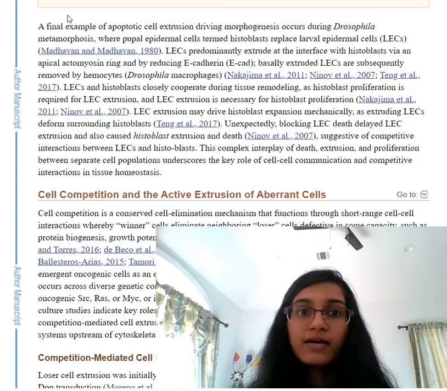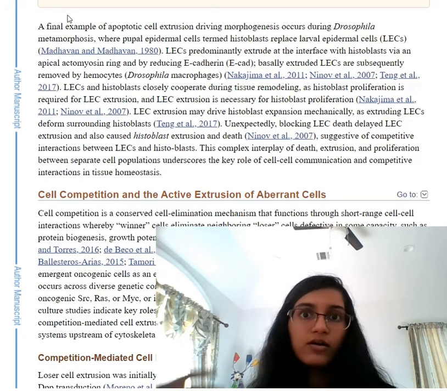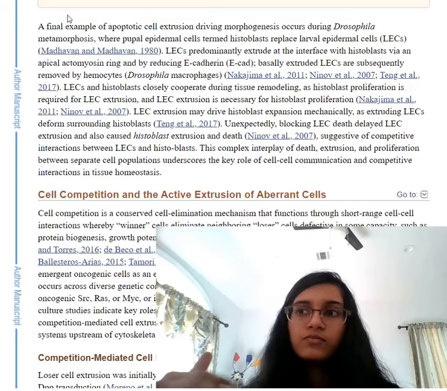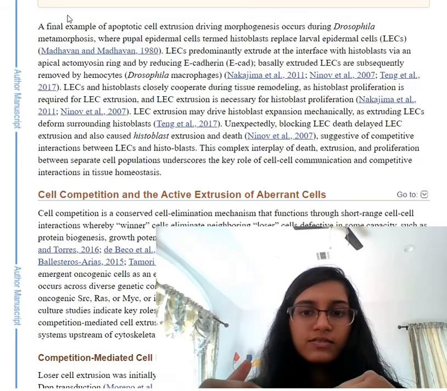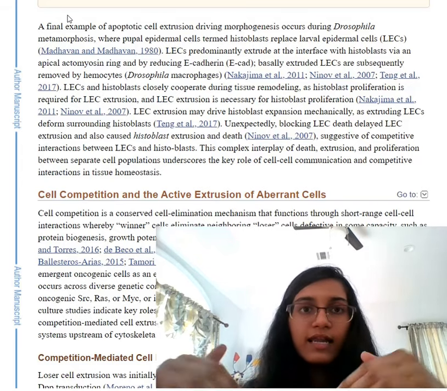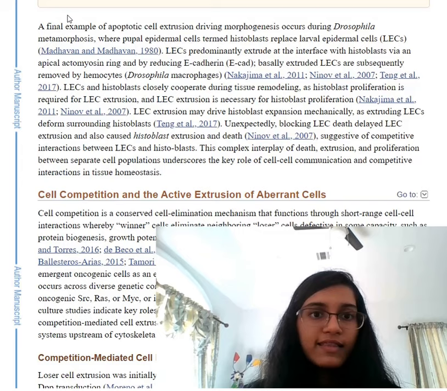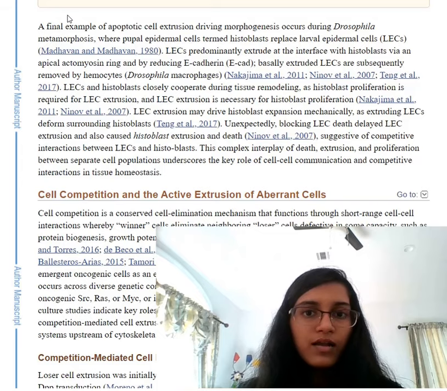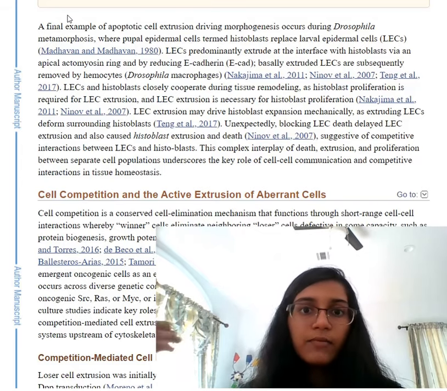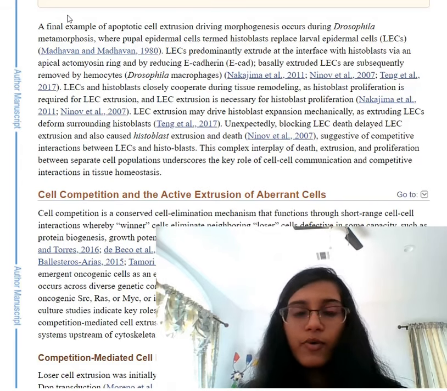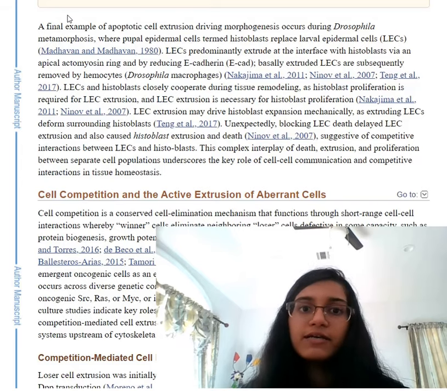Okay, this is really cool because this is not necessarily a folding scenario, or two neighboring cells connecting and a middle cell undergoing apoptosis, as we saw with the amnioserosa before. This is the metamorphosis of the Drosophila fly, so you have the LECs completely undergoing apoptosis and being replaced by histoblasts.